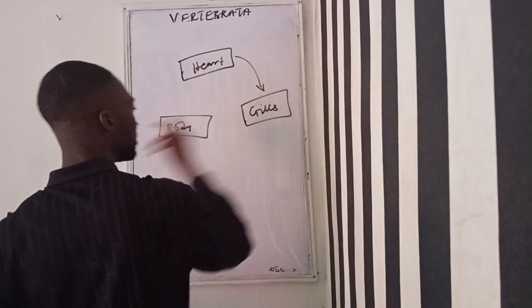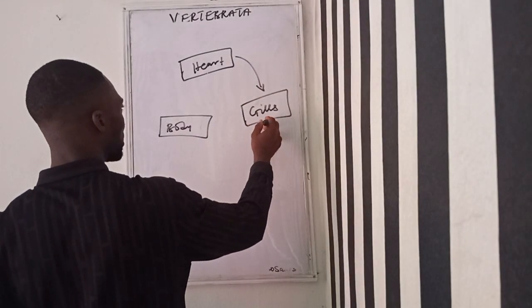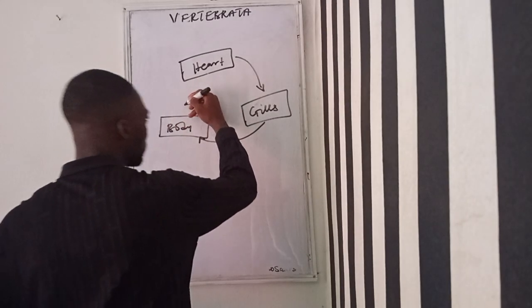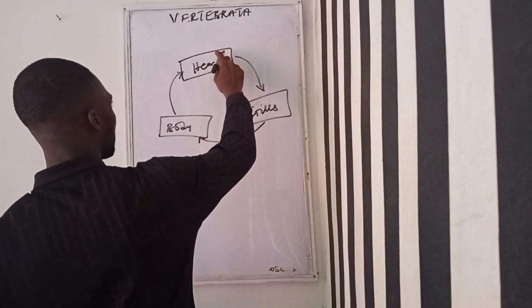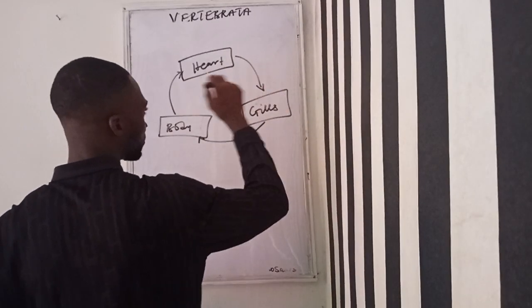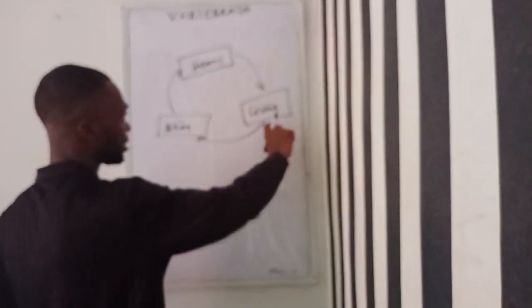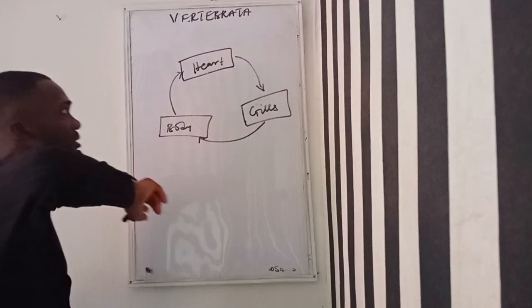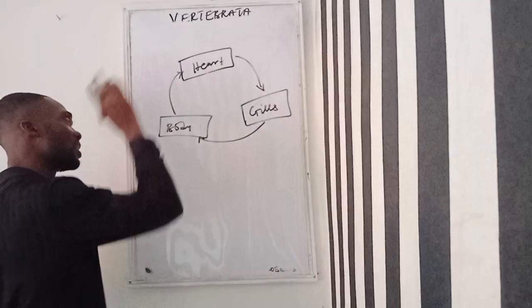So from the heart, blood flows to the gills, where it becomes oxygenated, and from the gills to the body. Then when it is used by the body, it flows back to the heart again, and from the heart, it gets to the gills where the blood becomes oxygenated. Remember, when it gets to the body, it is being utilized by the cells, and before it is taken to the gills, it has to go through the heart.